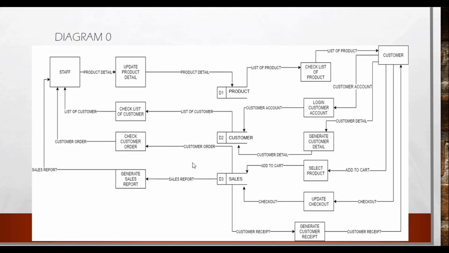For the check customer order process, the sales data store will send customer order into the check customer order process and it will send to staff. For the generate sales report process, the sales data store will send the sales report into the generate sales report process and it will send to staff.